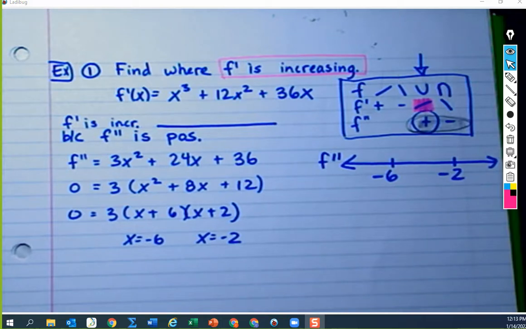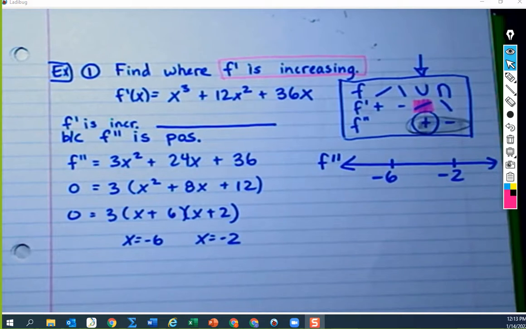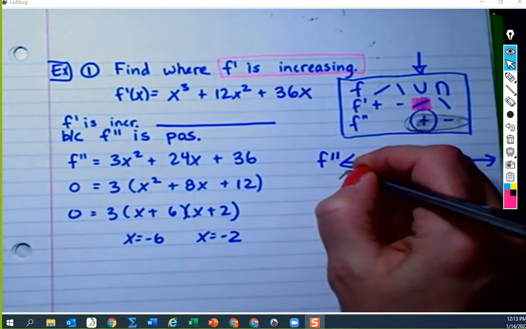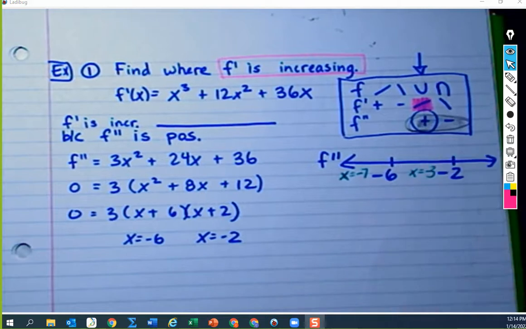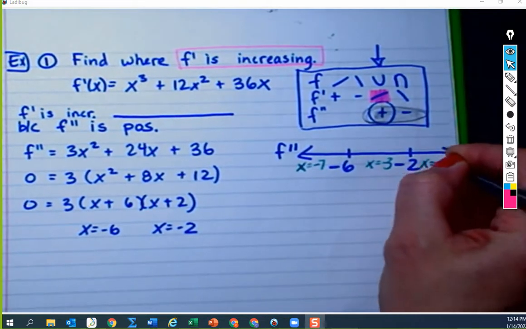All right, let's plug in. Finding them. So I'm going to test -7, -3, and I'll test 0.